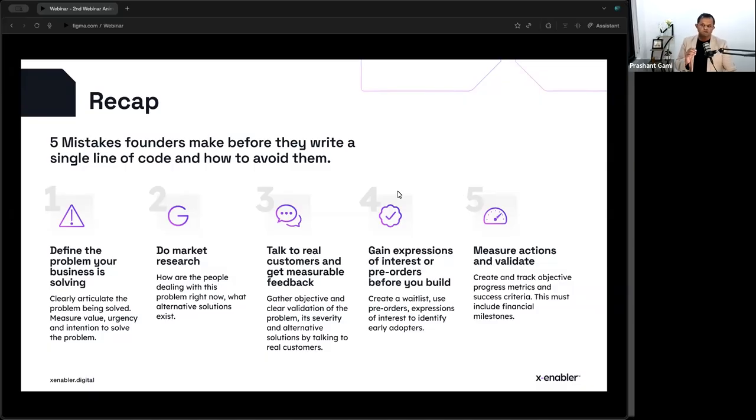Clearly articulate the problem, measure the value to the user for solving that problem, urgency, how quickly they want the solution, are they willing to pay for it, and do they actually have an intention to solve their problem? Because many of the problems do exist, but they exist for a reason, because by solving them you might create a side effect which is not desirable, and that's why a lot of the solutions are not really relevant.